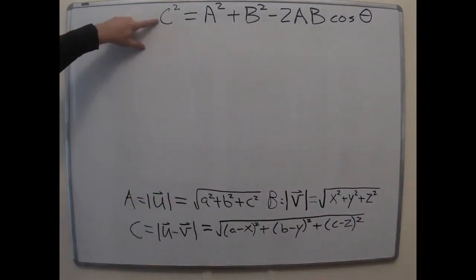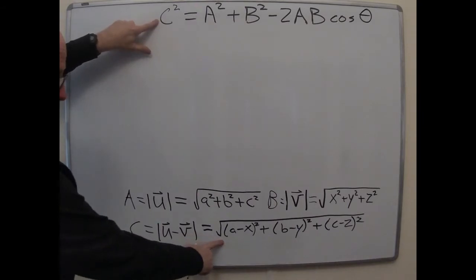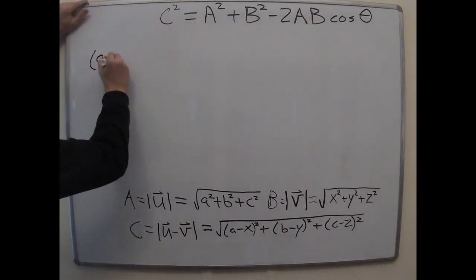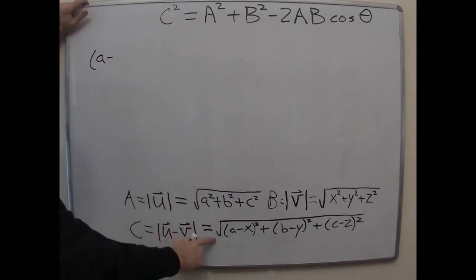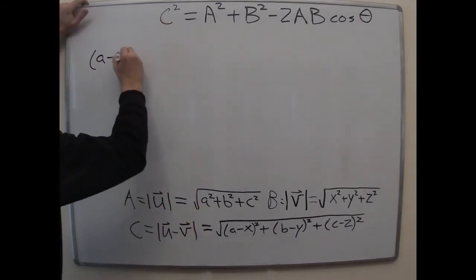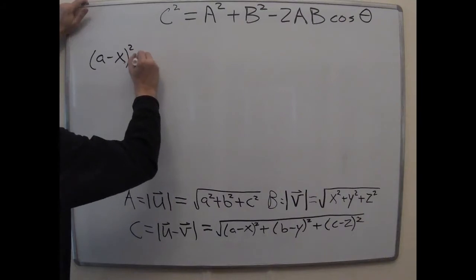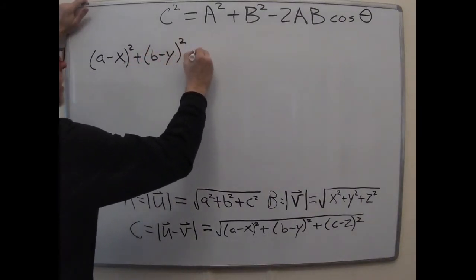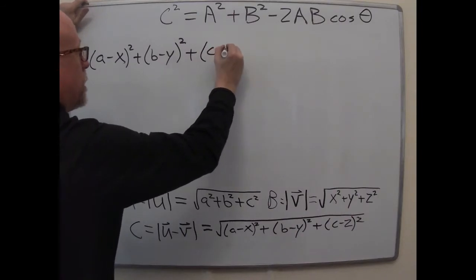So when we get C squared, it'll be the sum of the squares of these differences, because the squaring undoes the square rooting, right? So we'll have a minus x squared plus b minus y squared plus c minus z squared.